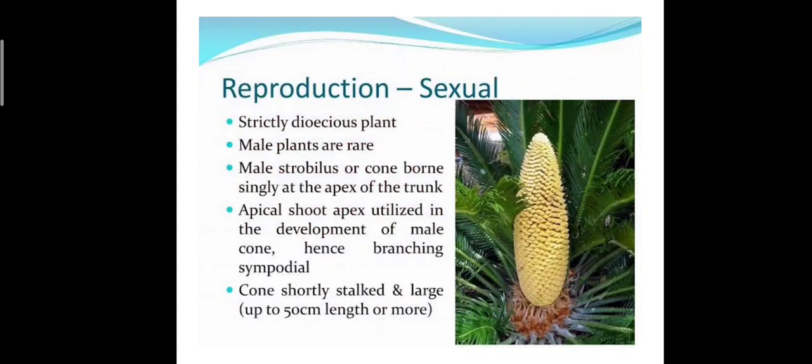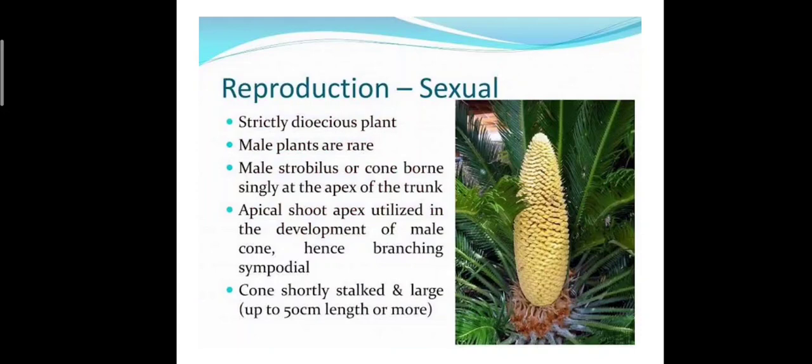And now moving on to sexual reproduction. Cycas is a dioecious plant. So the male and the female organs are seen in separate plants. There will be a male plant and a female plant, so it is dioecious.